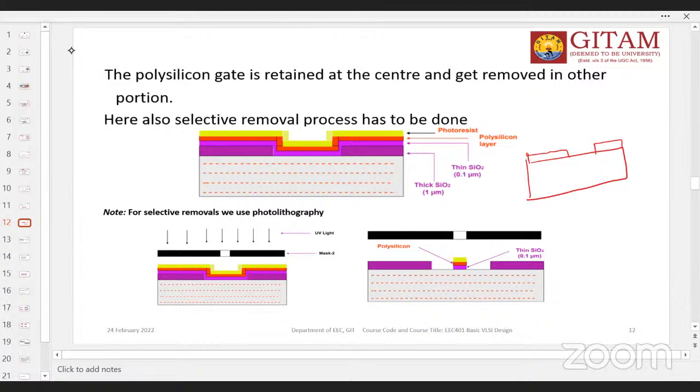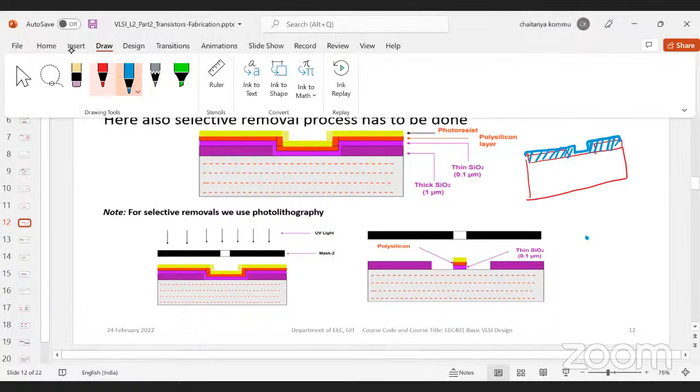I have to take another color, for example. So this is the gate oxide. Both are oxides only, therefore these portions are all the same. But the middle portion is very, very important for us.